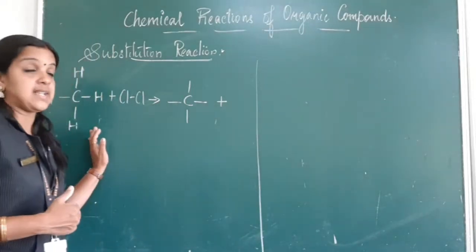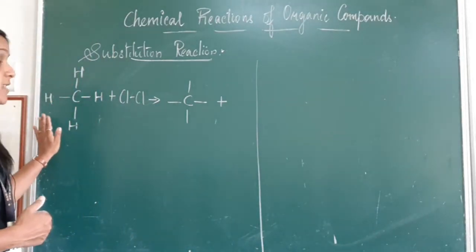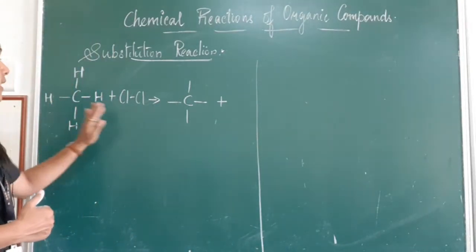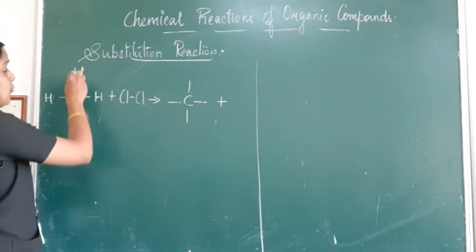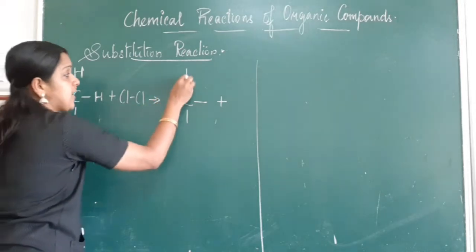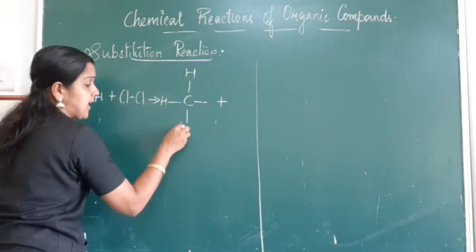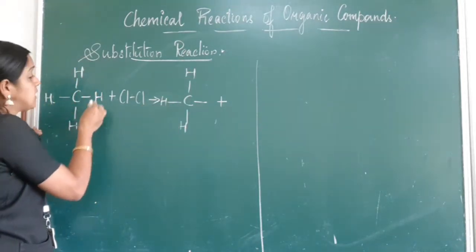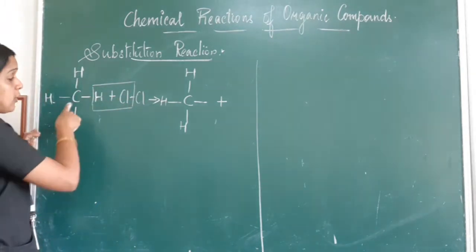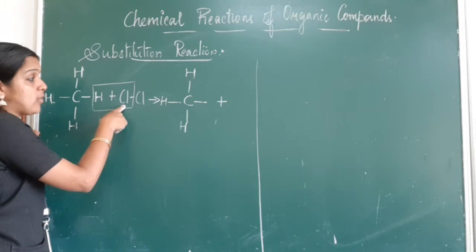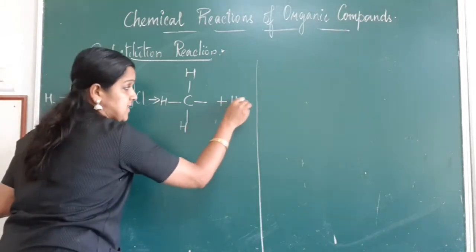When we take an example here, methane, this is my methane CH4, when it combines with chlorine in the presence of sunlight, I have 4 hydrogens here. So I write here hydrogen, hydrogen, hydrogen. One of these hydrogens will be combining with chlorine and comes out as HCl.